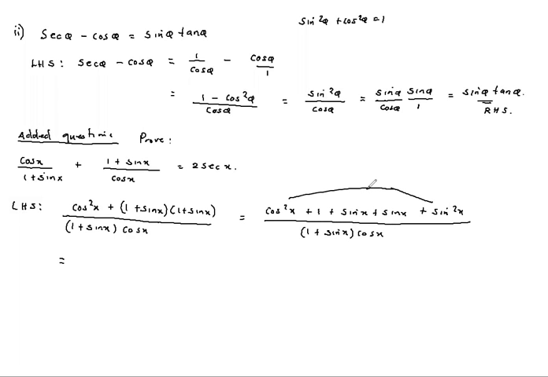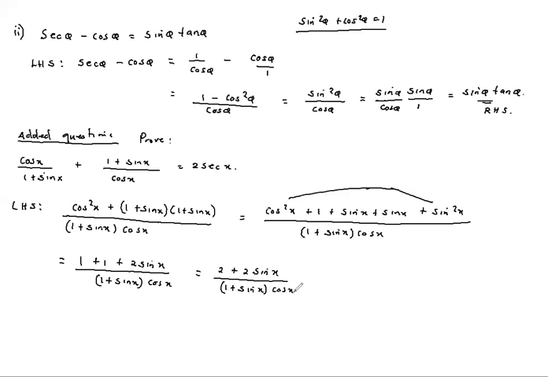So that is equal to this plus that. You know what we get? We get a 1 from that identity there, and then plus 1 plus 2 sine x over 1 plus sine x cos x. Now 1 plus 1 will give us 2 plus 2 sine x over 1 plus sine x cos x.